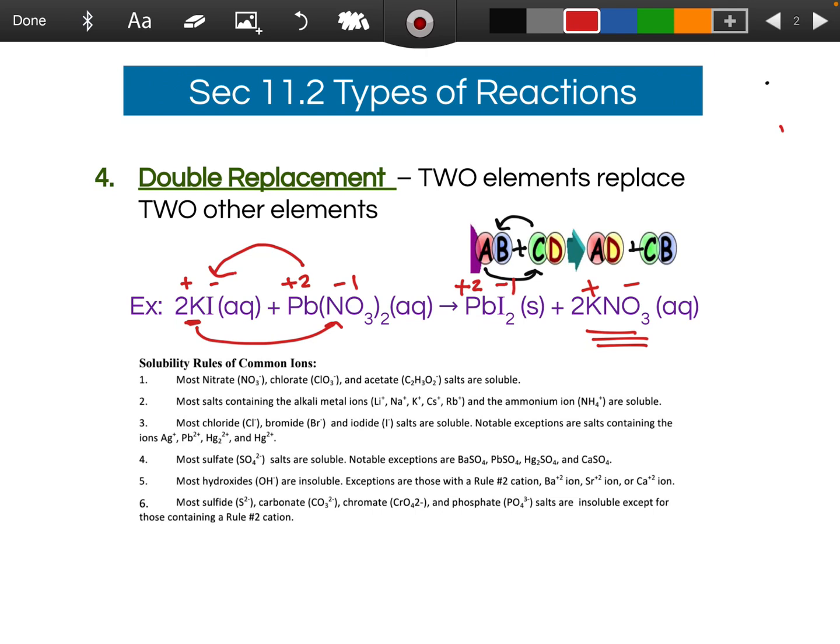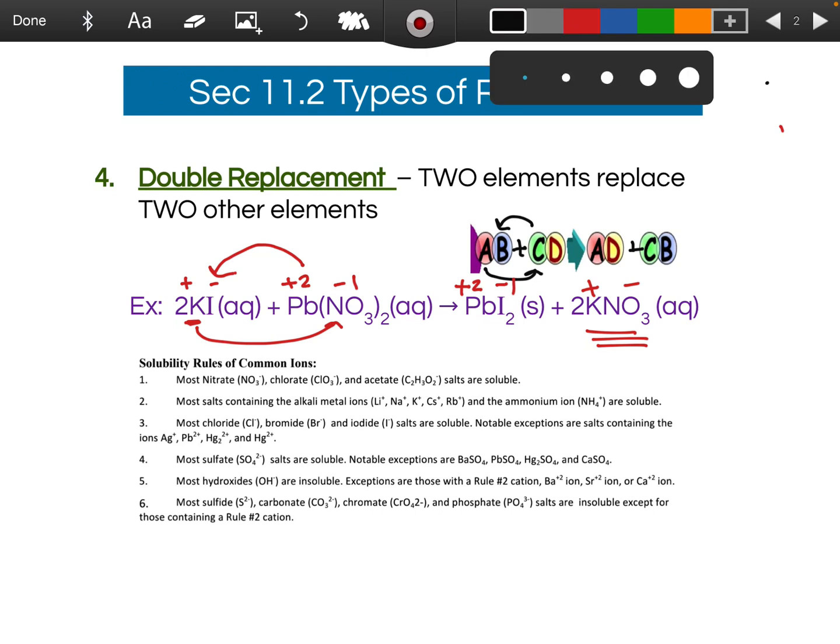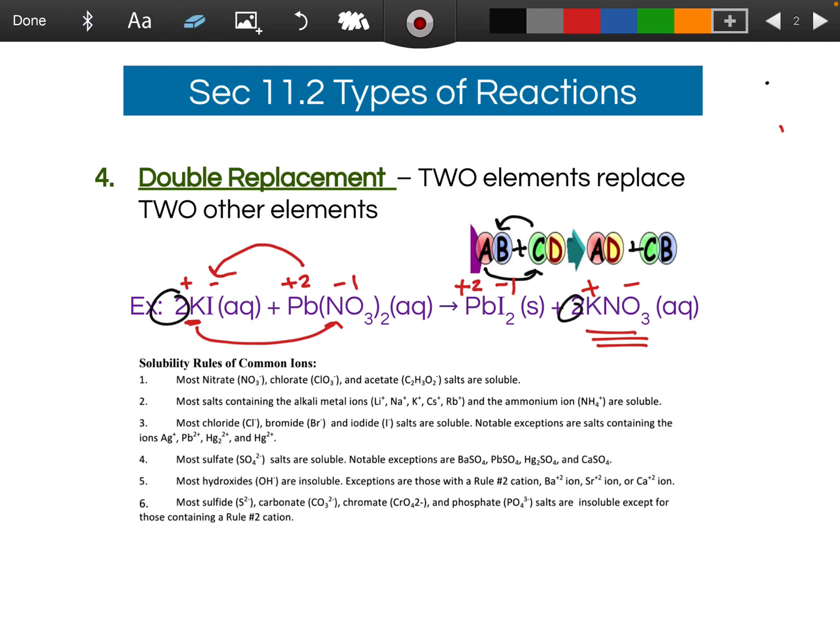So lead is +2, I is -1, so we would need 2 iodines. So once you're done balancing the charges, that's when you would go back and add the coefficients. So in a double replacement reaction, you have two elements that are switching places with one another, but when they switch, you have to have a positive combined with a negative.